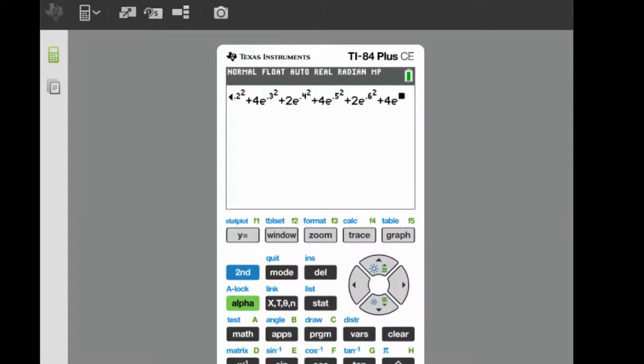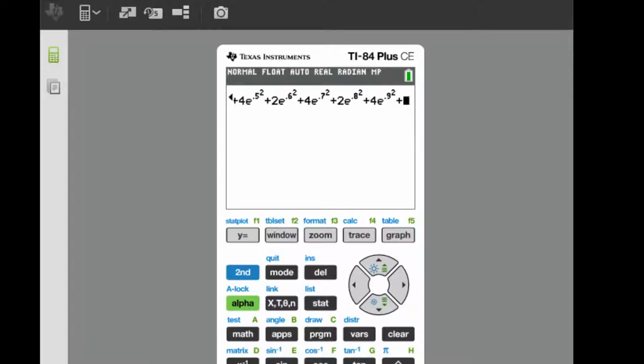Second e to the point what? 0.7 squared. Come out of there. Plus 2. What's this? E to the point what? 8 squared. We're getting close. Plus 4. That's the last weight. E to the point 9 squared. Come out of there.